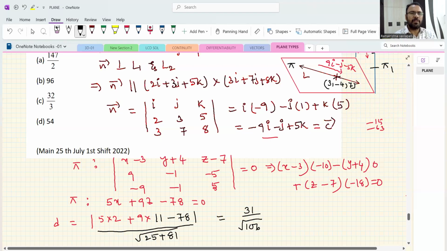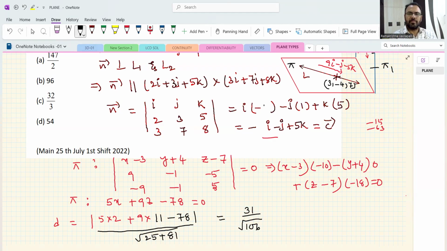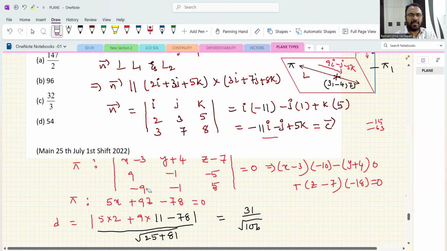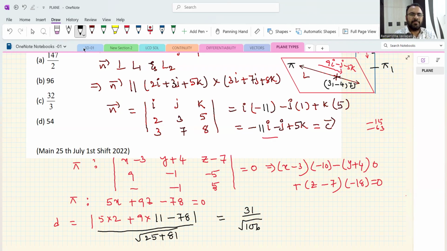Yeah, now once again, I myself correcting that this is 24 minus 35. This is minus 11. So I have to adjust here.